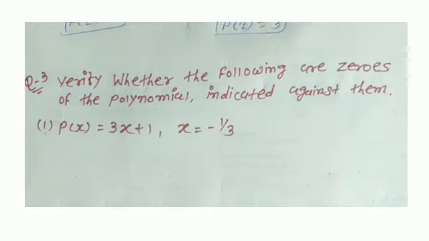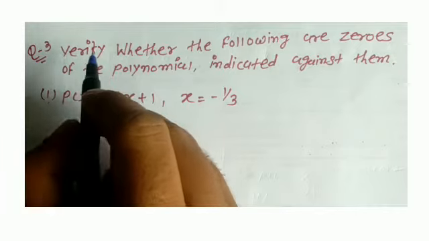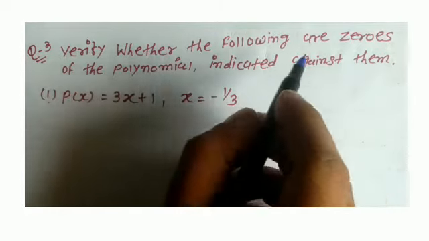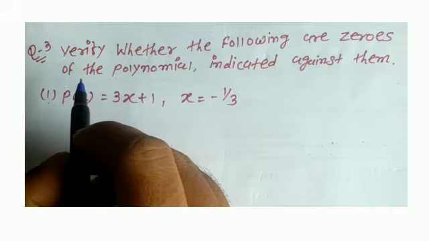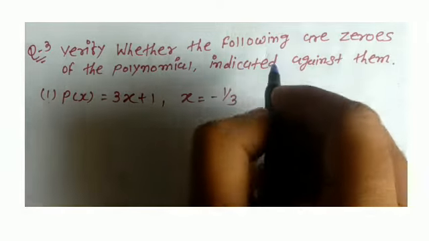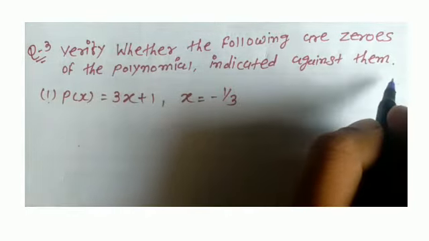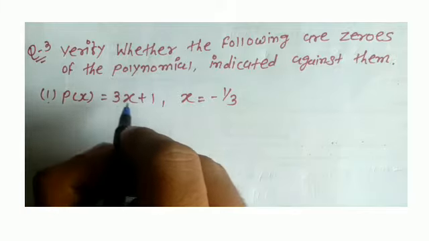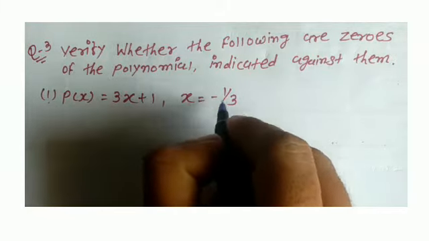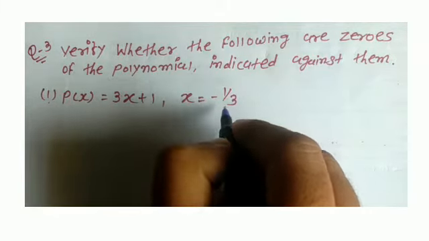Now let us start question number 3. Verify whether the following are zeros of the polynomial. P of x is equal to 3x plus 1, x is equal to minus 1 by 3.